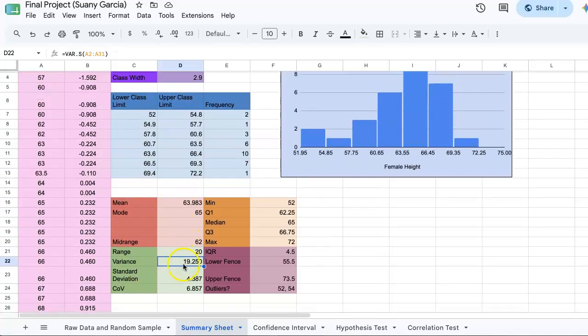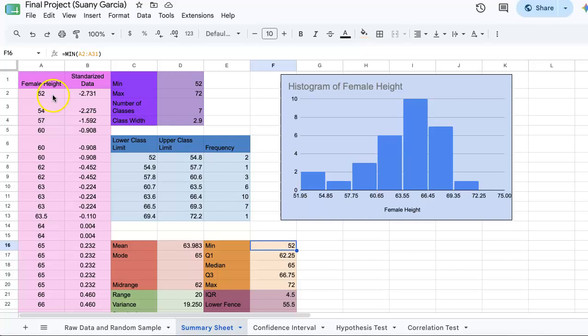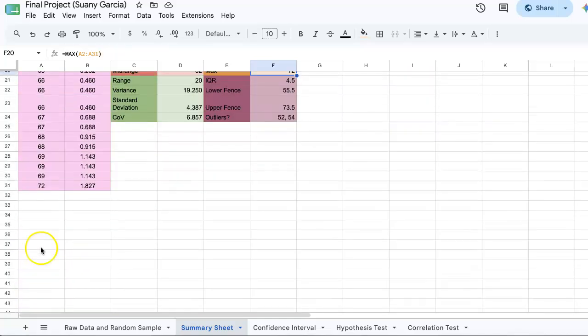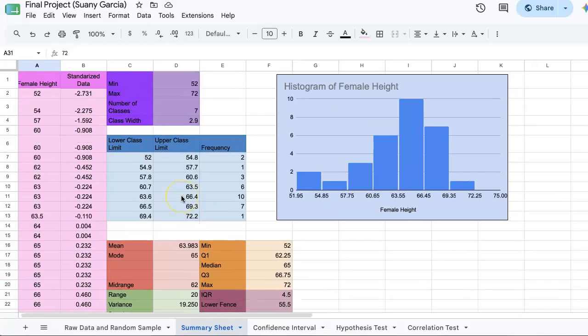We have a variance of 19.250, standard deviation of 4.387, a covariance of 6.857, minimum value of 52 as well up here. We have first quartile of 62.25, median of 65, third quartile of 66.75, maximum of 72, and you can see that down here as well.